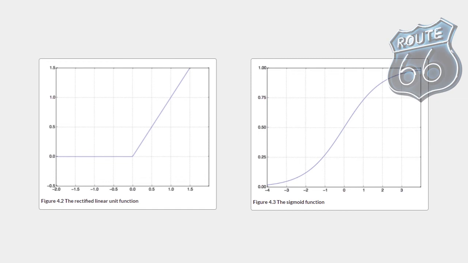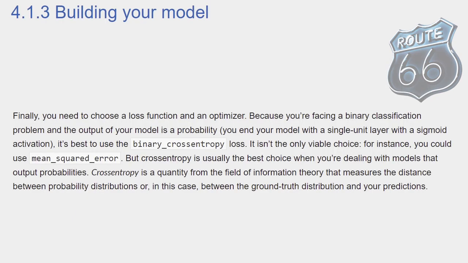The intermediate layers use ReLU as their activation function, and the final layer uses a sigmoid activation so as to output a probability, a score between 0 and 1 indicating how likely the sample is to have the target 1, how likely the review is to be positive. A ReLU, rectified linear unit, is a function meant to zero out negative values. See Figure 4.2. Whereas a sigmoid squashes arbitrary values into the [0, 1] interval. See Figure 4.3, outputting something that can be interpreted as a probability.